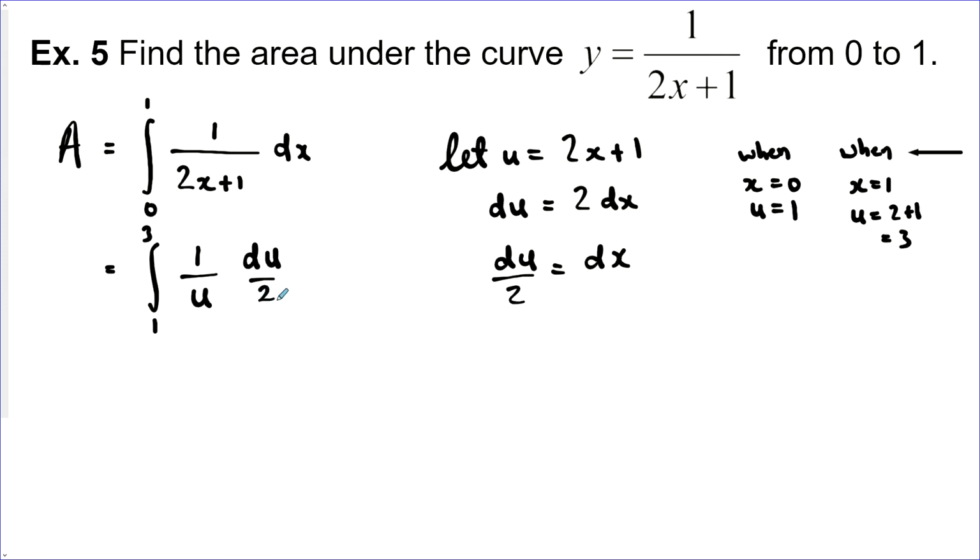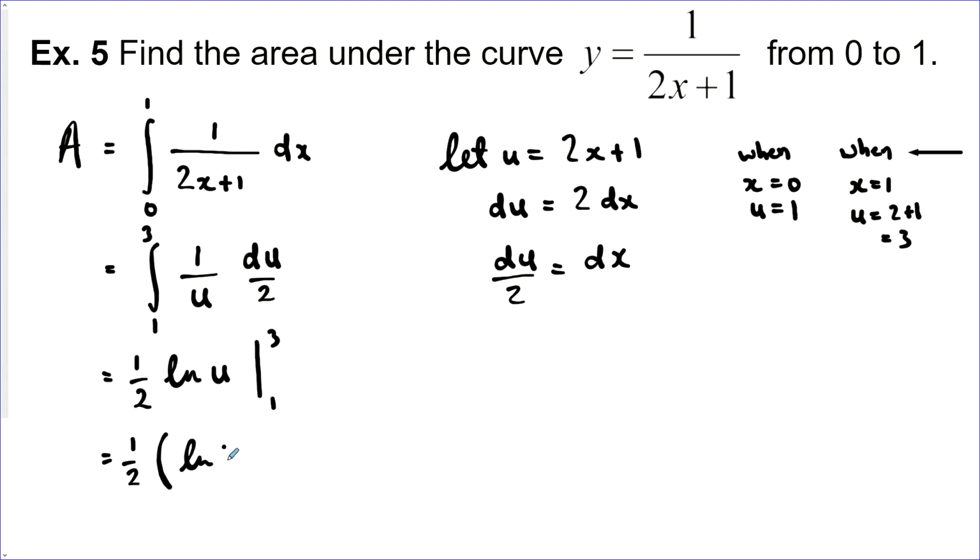Now this looks a little bit awkward here, so this is a constant. So remember, bring it to the front. That's the easiest place to leave it. So we have 1 over 2. Now we'll take the antiderivative of 1 over u, and that would be the natural log of u. We want to evaluate this from 1 to 3. 1/2 is our constant, we'll leave it out.